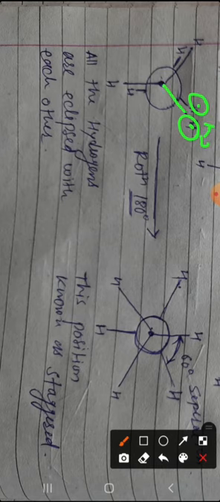The electrons of the carbon hydrogen bond of the front carbon and the carbon hydrogen bond of the rear carbon come closer in the eclipse position, at a 0 degree dihedral angle, and due to that they repel each other and the energy is higher in this position. Due to higher energy, it is unstable.